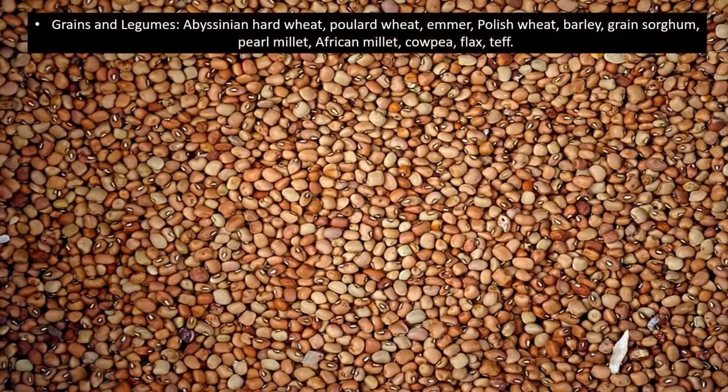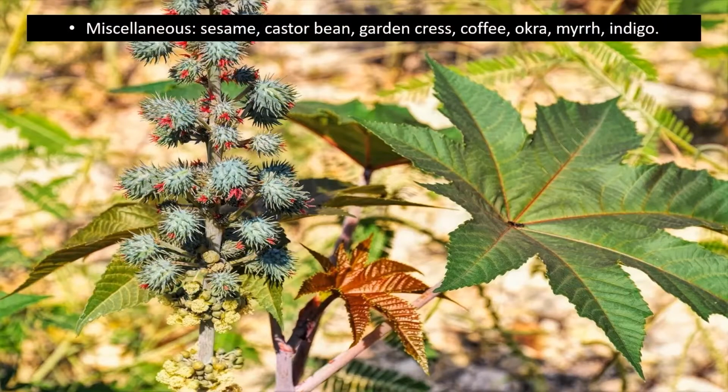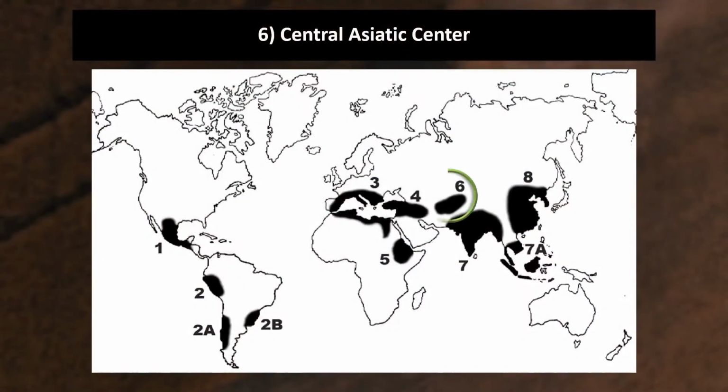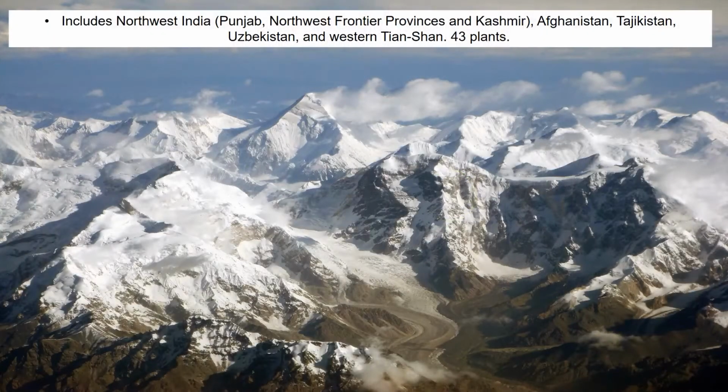Some of the grains and legumes originated from here are Abyssinian hard wheat, Polish wheat, then emmer, barley, grain sorghum, and pearl millet, African millet, cowpea, flax, teff, and many more like sesame, castor bean, garden cress, coffee, okra, myrrh, and indigo.